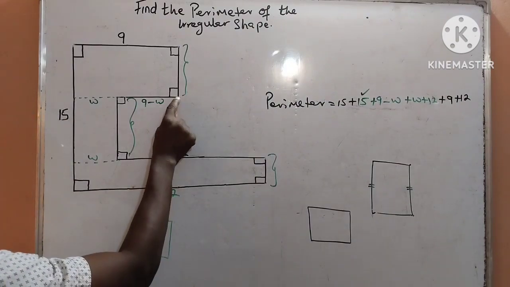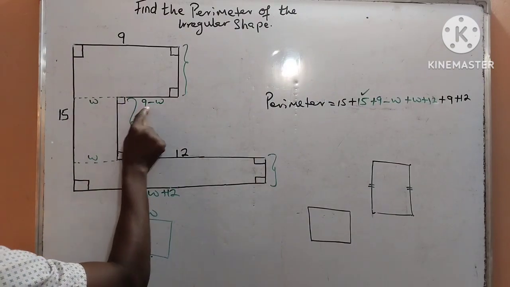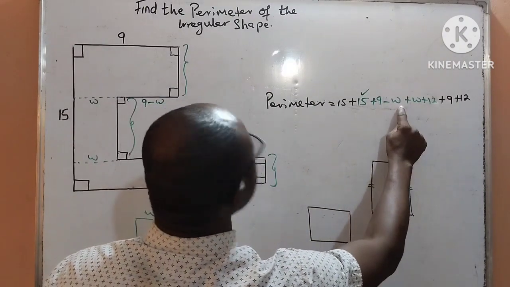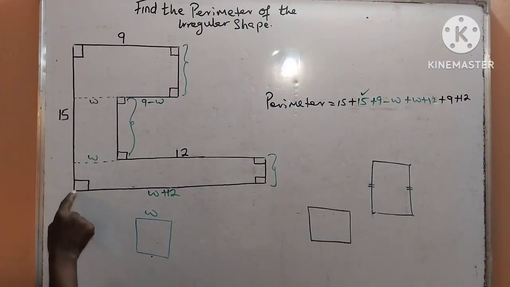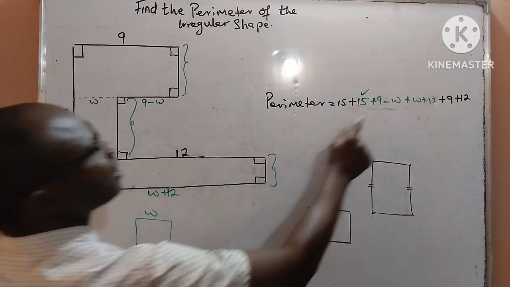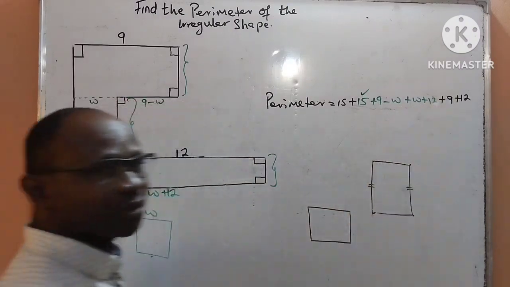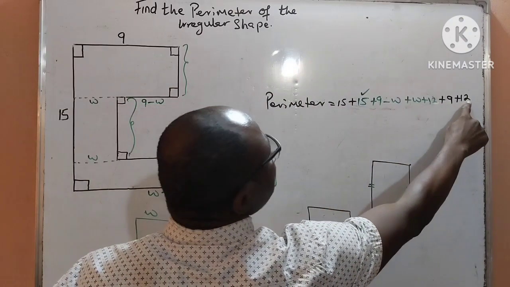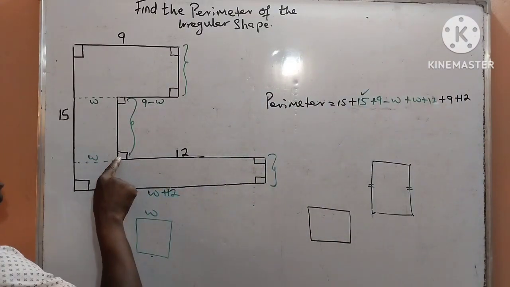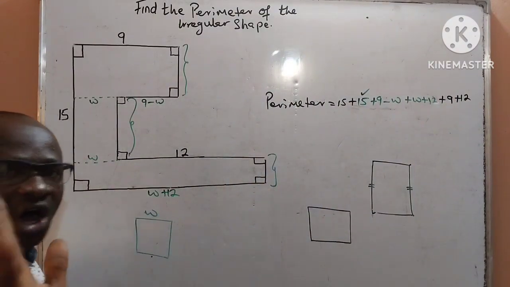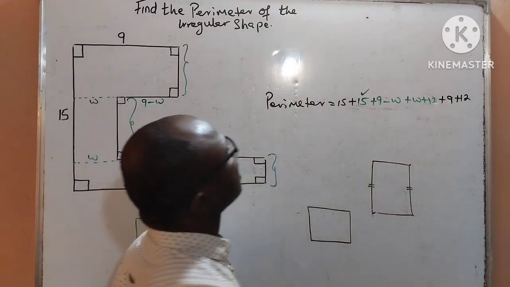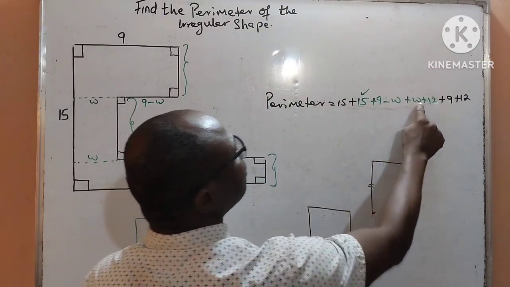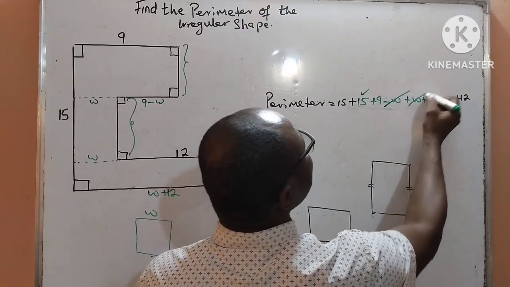Next, from this point to the end here is 9 minus W. Next, from here to this end is W plus 12. What about this 9? Look at it here. What about this 12? That is from this point to the end here. All the sides are complete. Therefore, you can see minus W plus W cancel out.